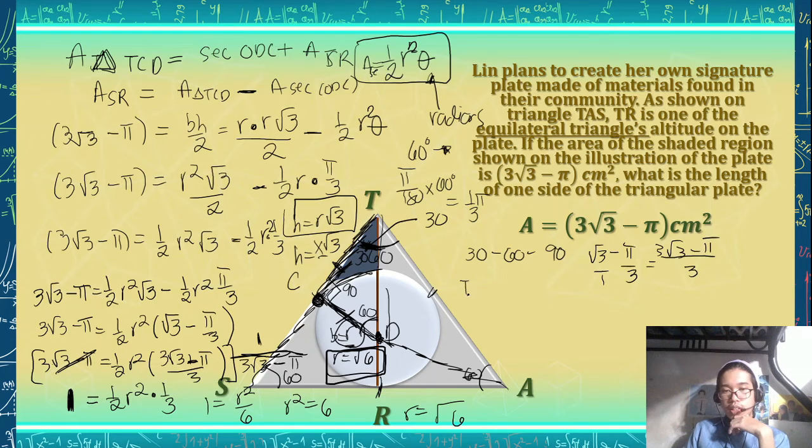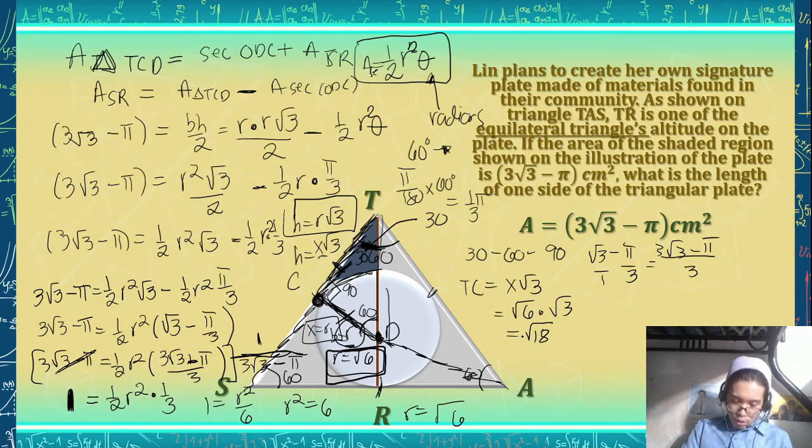Since TC is equal to x square root of 3, and we know that the radius is equal to x, so x is equal to the radius, that's going to be square root of 6 times square root of 3, and that should give us square root of 18. And what's the square root of 18? That should give you 3 square root of 2, right? There you go. So therefore TC is equal to 3 square root of 2.